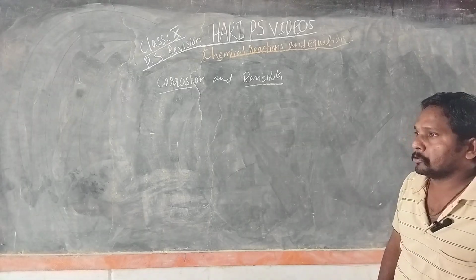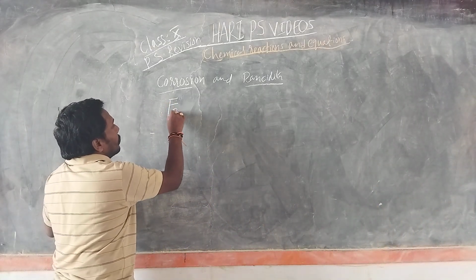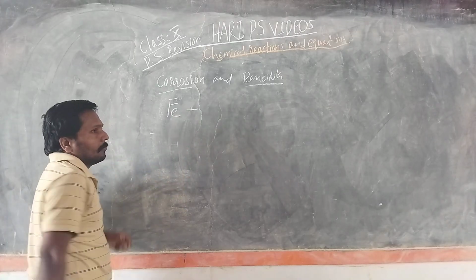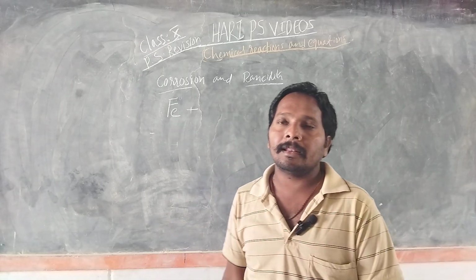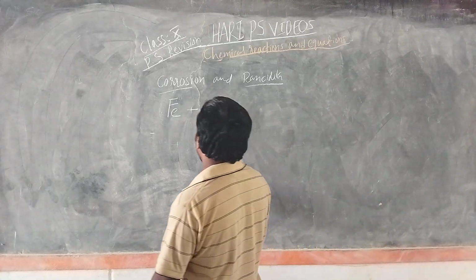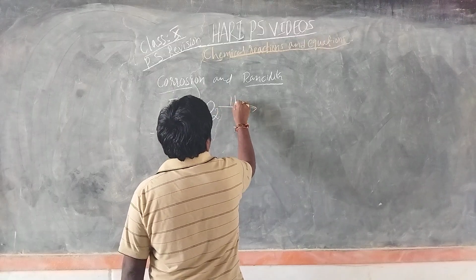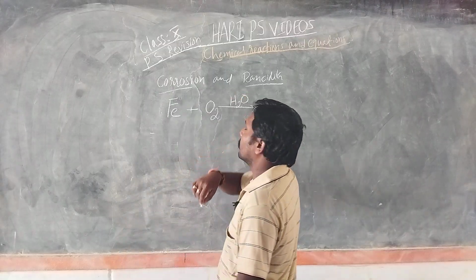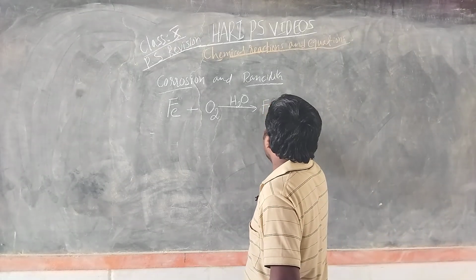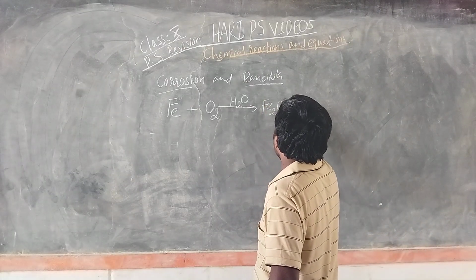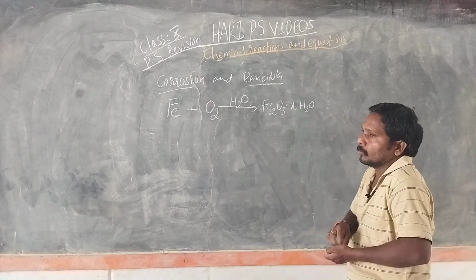So when we place a piece of iron outside for a considerable time, this iron reacts with damp air. Combined with the oxygen in the presence of water vapor or moisture, it gives iron oxide, Fe2O3.H2O.